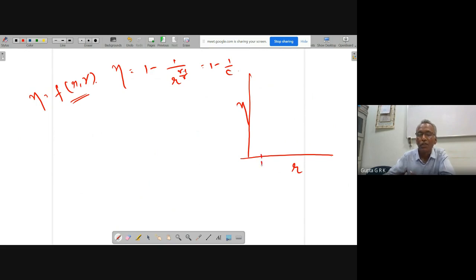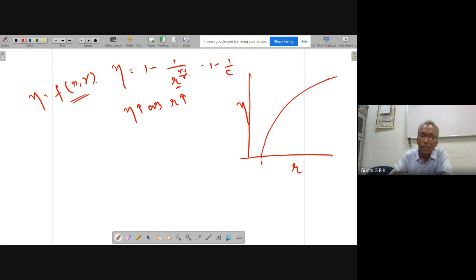As R increases, R to the power gamma minus 1 by gamma increases, so 1 by R to the power gamma minus 1 by gamma decreases. So 1 minus something decreasing will be increasing. So as R increases, efficiency increases, and it will come something like this. As the pressure ratio increases, the efficiency increases. So this is one important observation.